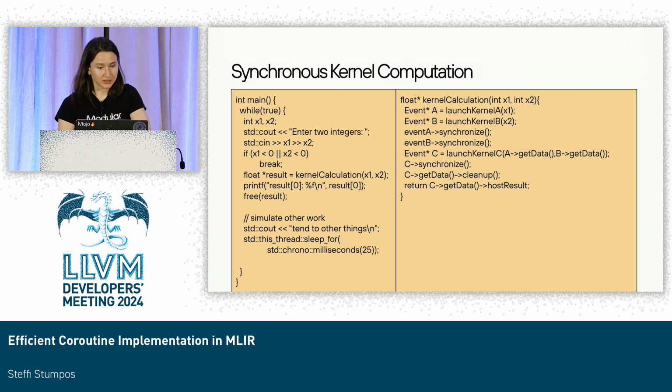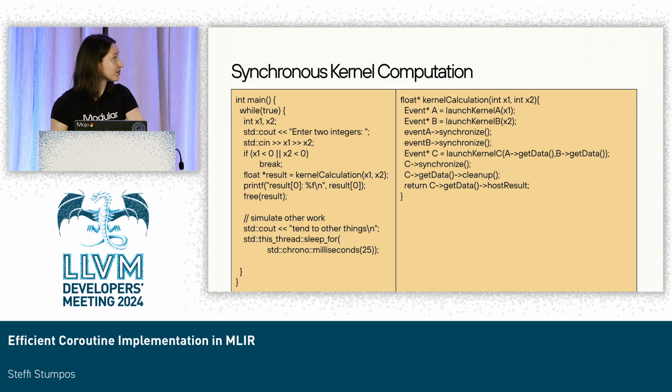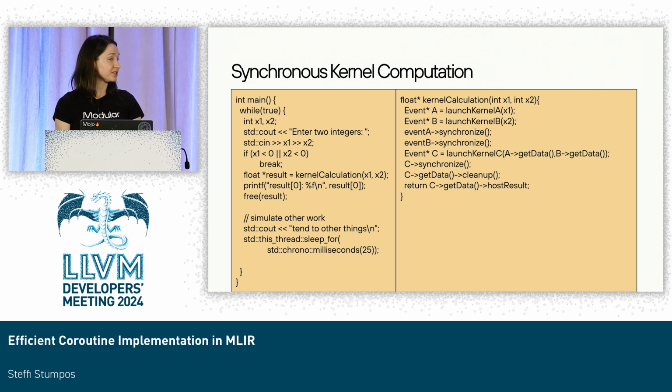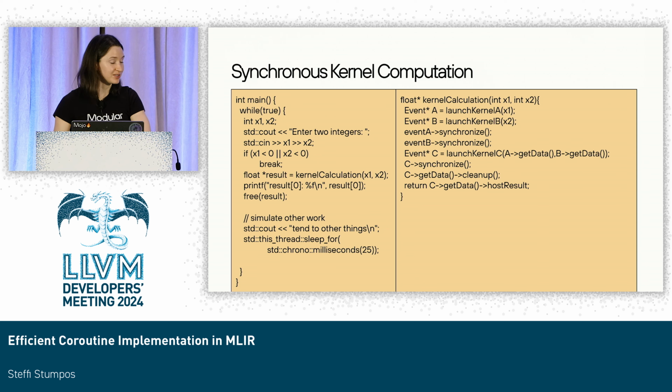Okay, so first part, I'm going to start with a really familiar problem of trying to do some compute and ask for user input. So given some user input, we're going to kick off some kernels and wait for them to be done, and then we're going to do some other work, which is simulated with just printing to the terminal here. This first stab is synchronous.